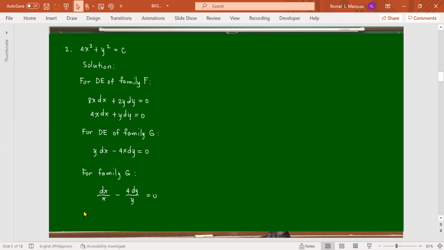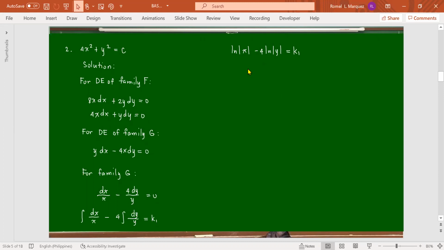Integrating this, we have the integral of dx over x minus 4 times the integral of dy over y, and let's say this is equal to k sub 1. Taking the integral, we have ln of absolute value of x minus 4 ln of absolute value of y, equal to k1.